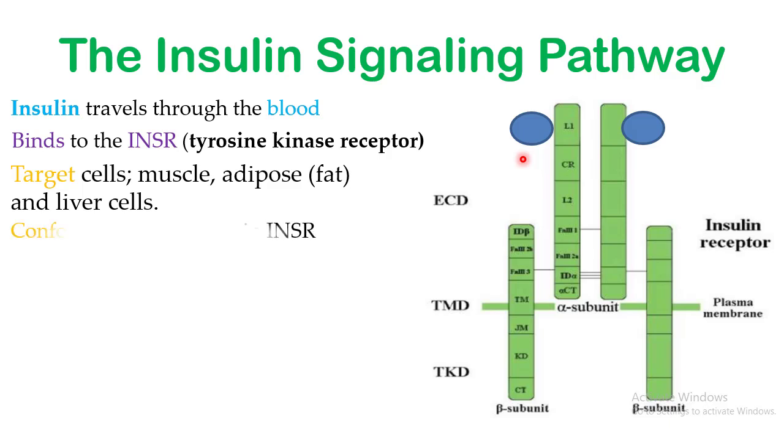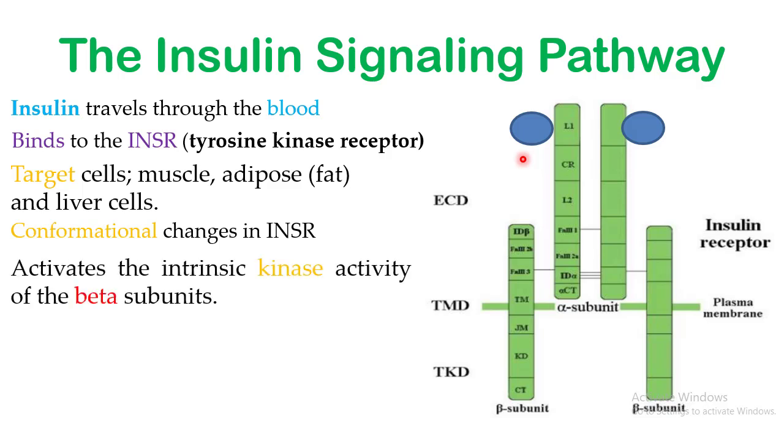So when the insulin molecules bind to the receptor, what happens? There are conformational changes in the insulin receptor, and these conformational changes are actually the signal that the insulin has bound to the receptor. We need to start the pathway. Now, what do these conformational changes do? They are going to activate the intrinsic kinase activity of the beta subunit.